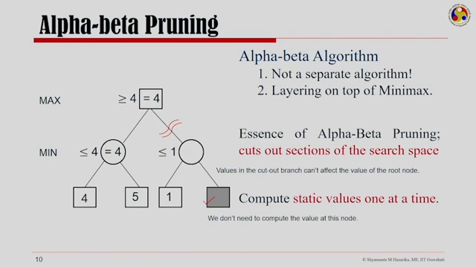Alpha beta pruning is actually a layering on top of minimax. It is an optimization procedure on top of minimax to reduce the search space and still get to the same value that we got in the minimax procedure.